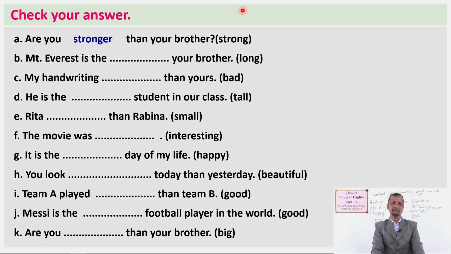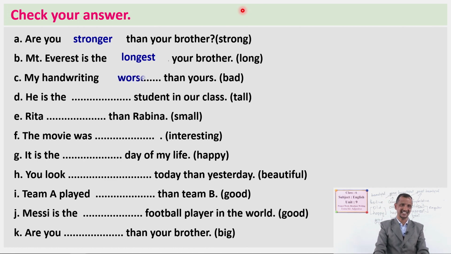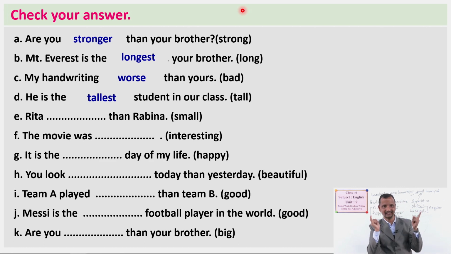Number B, Mount Everest is the longest. Yes. Number C, my handwriting is better than yours. What is the comparative form of good? Better. Number D, he is the tallest student. Well, thank you. That is tallest.